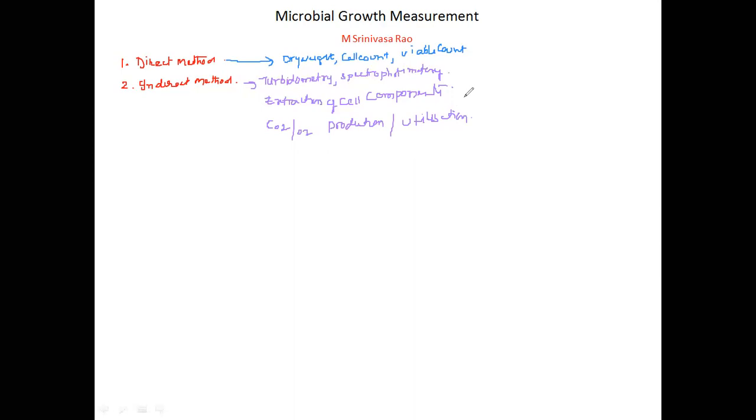Especially, the measurement is very easy and accurate, and these are sensitive methods. It's very simple for estimation of unicellular organisms. But filamentous organisms like fungi and actinomycetes, if present, cause some problems. The speed of analysis is also critical, as an instant indication of biomass or cell concentration is often required.